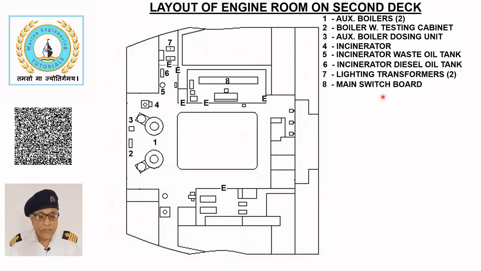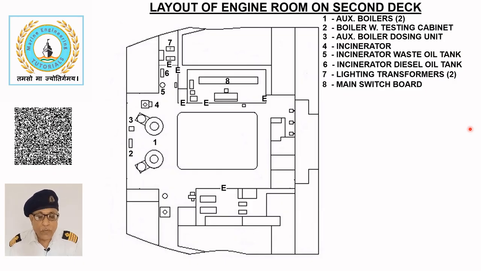Main switchboard. The main switchboard 8 is located in the engine control room. Its bus bar receives electrical power from the main generator through air or vacuum circuit breakers and distributes to various group starter panels.